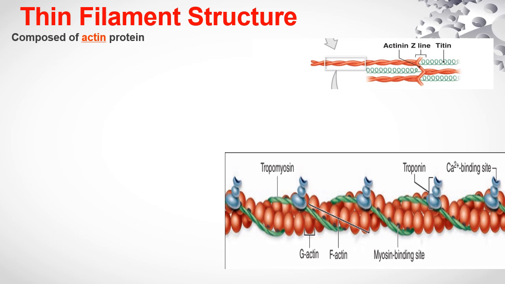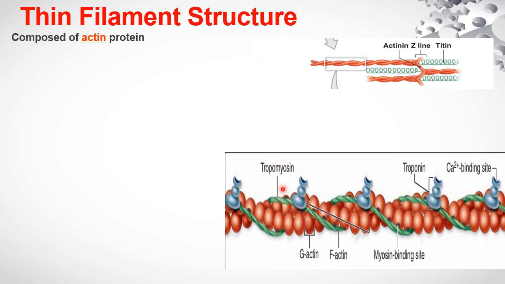So now let's look at these myofilaments. We have the thin filament known as the actin filament or the actin protein, right? These are the structures. And then the thick filament is known as the myosin. Okay, so the actin is composed of actin protein, right?